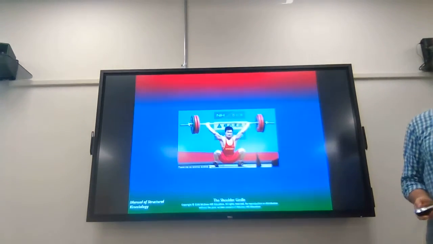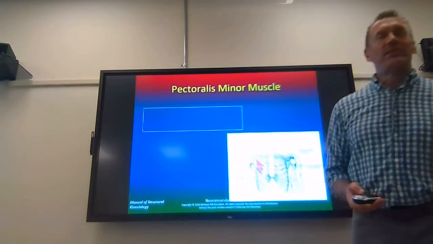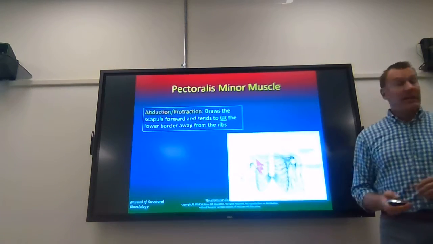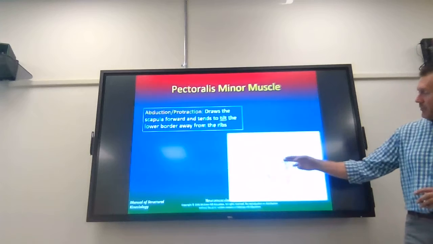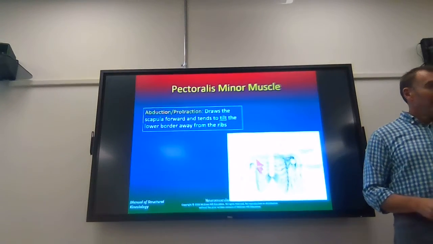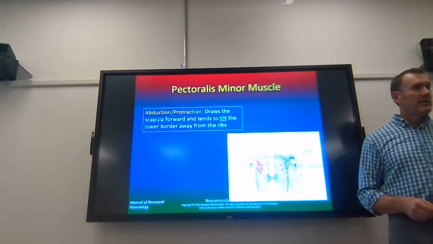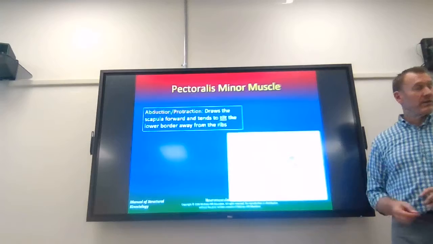So awesome. Okay, so pec minor, very similar to rhomboids and serratus anterior in its functions. So it has its site of origin, again, somewhere on the axial skeleton, so it's got to be ribs 3 through 5, and then site of insertion there on the coracoid process. So on the scapula, the part that's going to move is where the insertion is going to be.